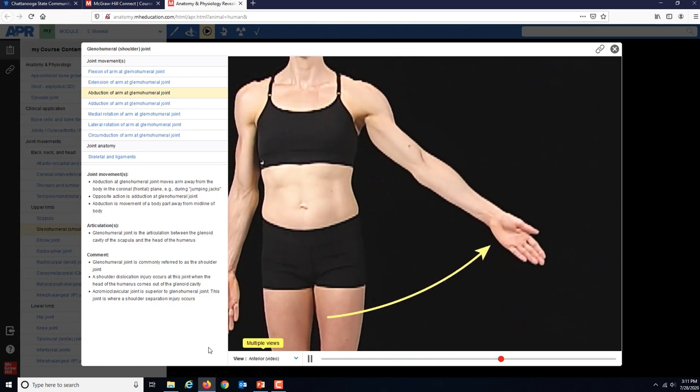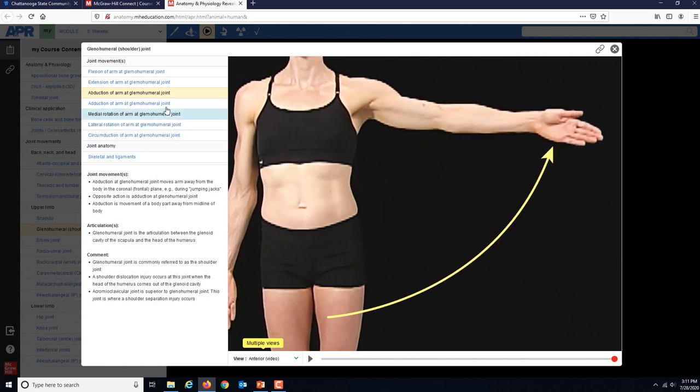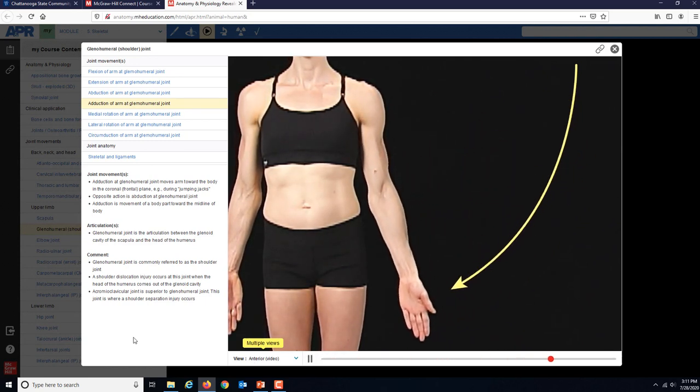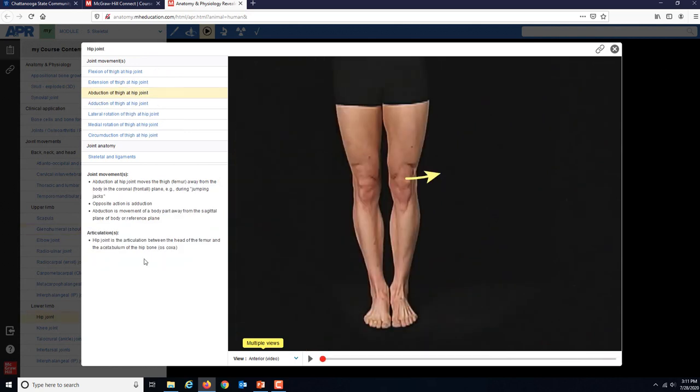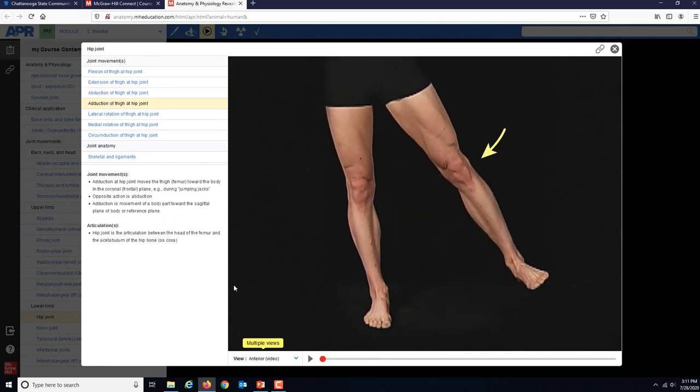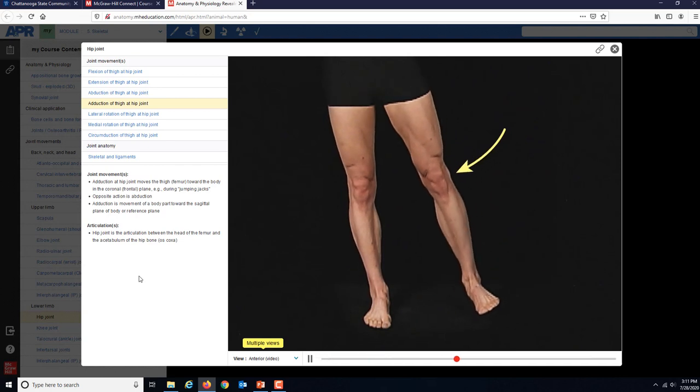You pull it away from the median. Adduction, bring it back to anatomical position. Abduction of the thigh at the hip joint. Adduction, put it back in anatomical position.